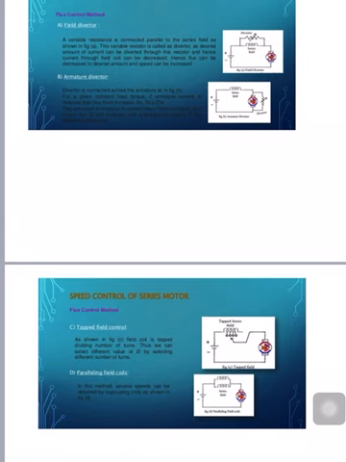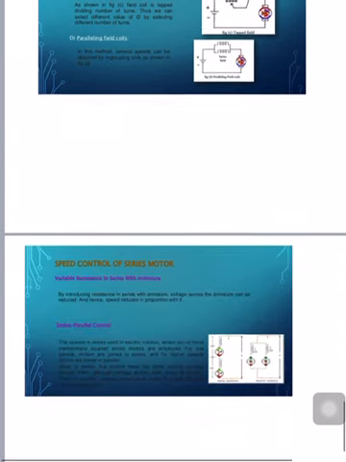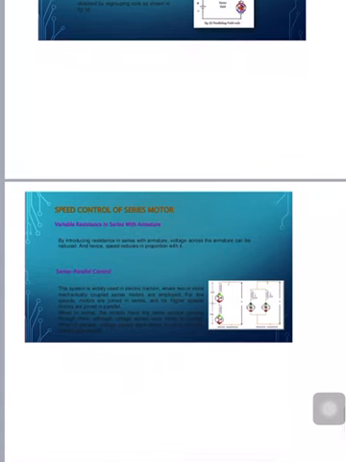This method is very useful in electric traction. There we can use this type of field control method, flux control method. Next one, paralleling field coils. In this method, several speeds can be obtained by regrouping coils.